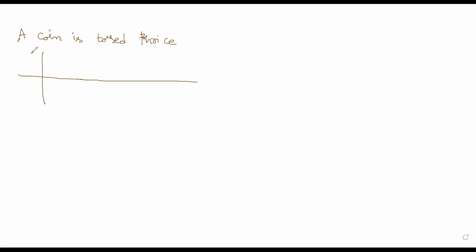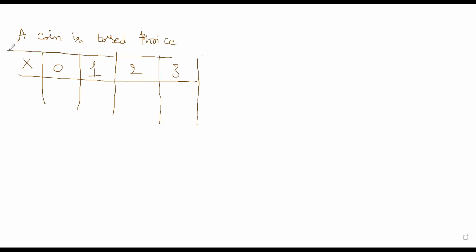Now you can have 0 heads, 1 head, 2 heads, or 3 heads, right? These are the maximum possibilities when you toss the coin 3 times.